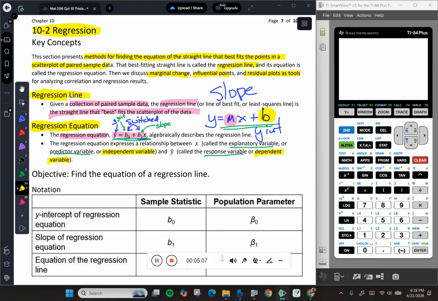Right? There's a little bit of reason for this. If you go deeper in the stats and you do this idea of regression on higher power equations, you can get things that look like this: B sub 0 plus B sub 1x plus B sub 2x squared plus B sub 3x cubed.